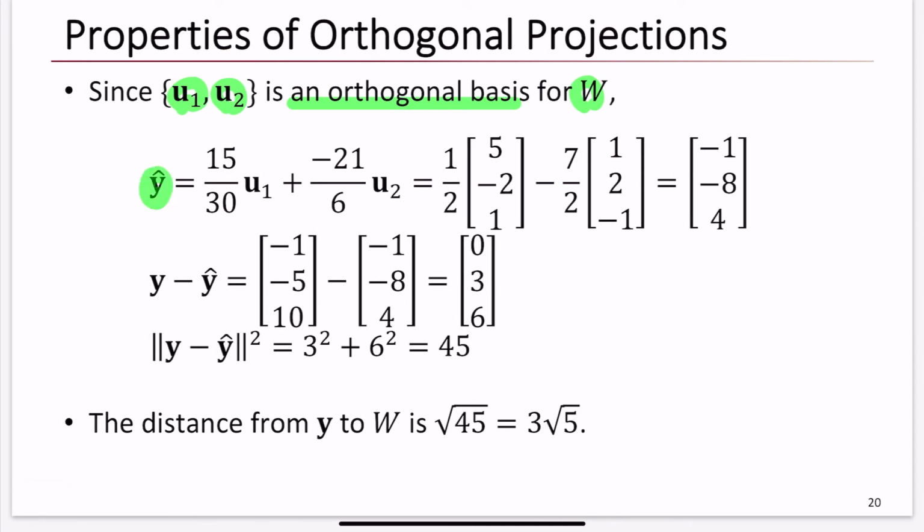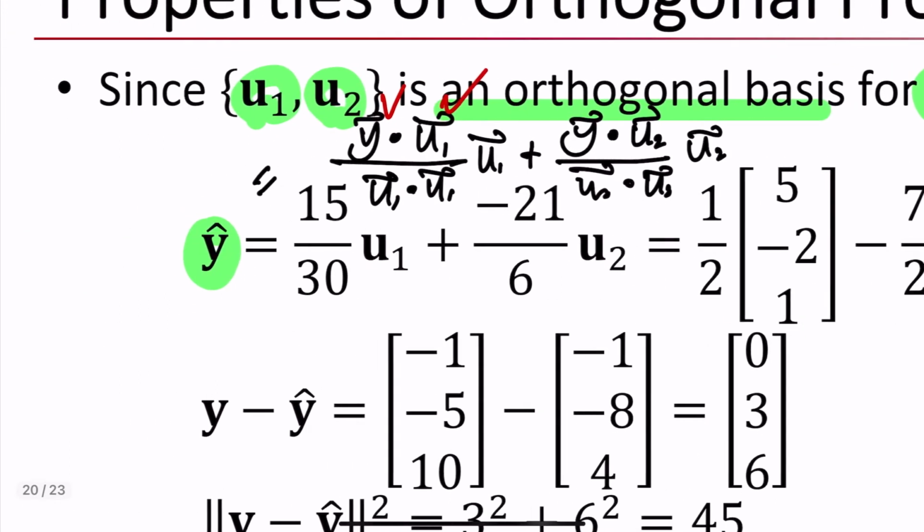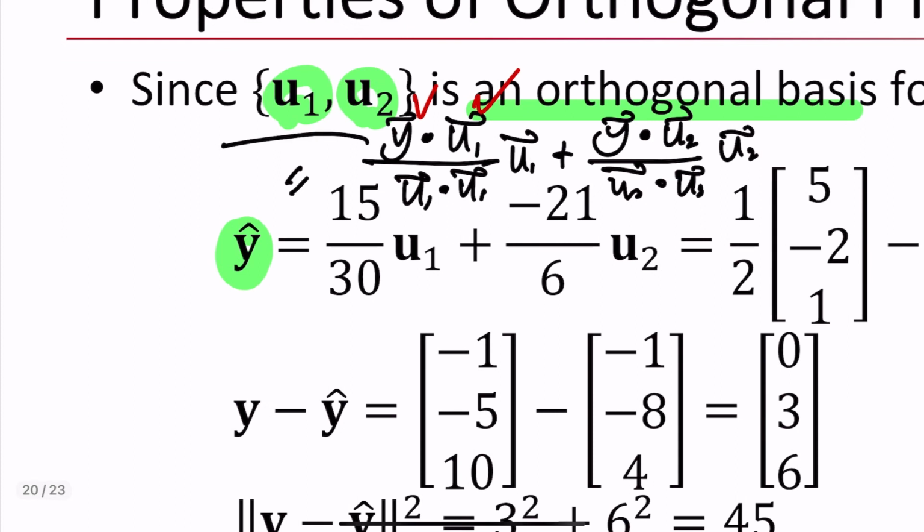Then y hat, as defined last week, is going to be y inner product u1 over u1 inner product u1 times u1, plus y inner product u2 over u2 inner product u2 times u2. So we already know what y is and what u1 is. Then you can easily compute this one. This is a very simple inner product computation.